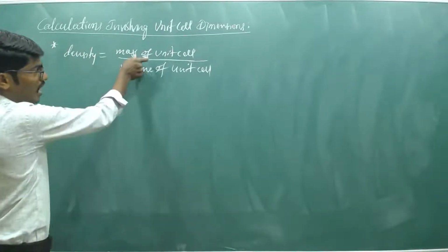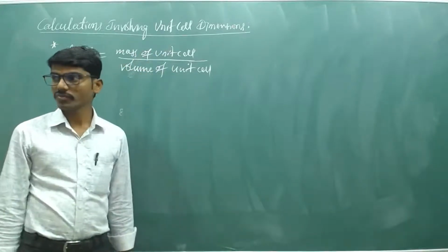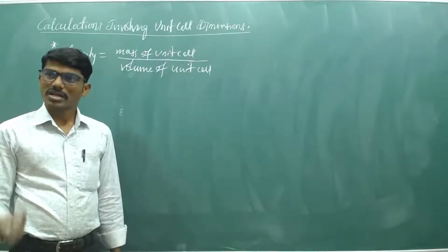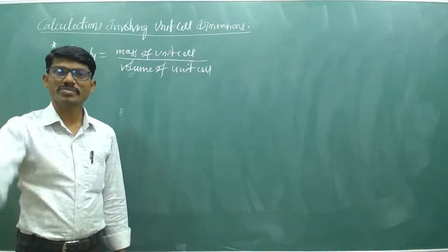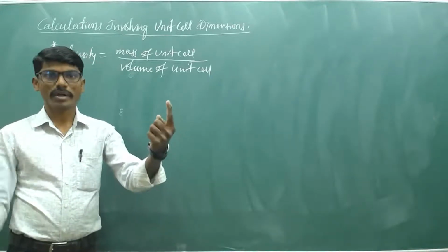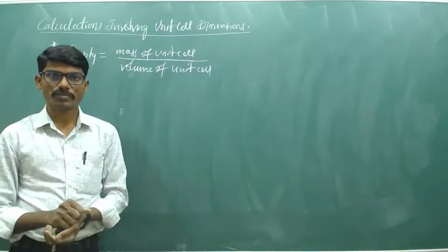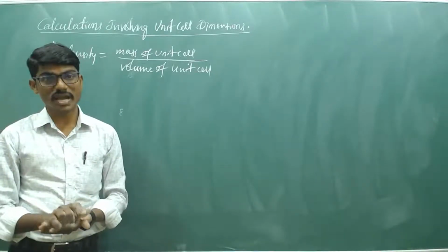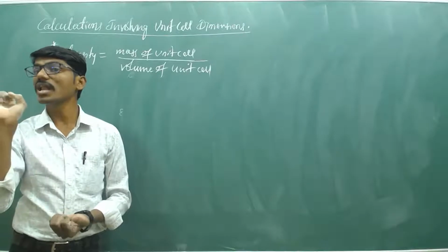So here, mass of unit cell. In place of mass of unit cell, can we write number of atoms into its mass? If one atom, then one into its mass. If suppose 4 atoms are there, 4 into the mass of each single atom.